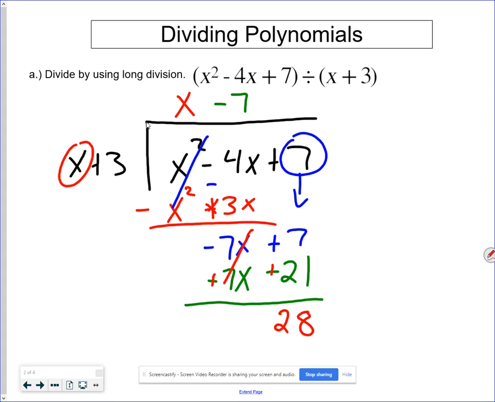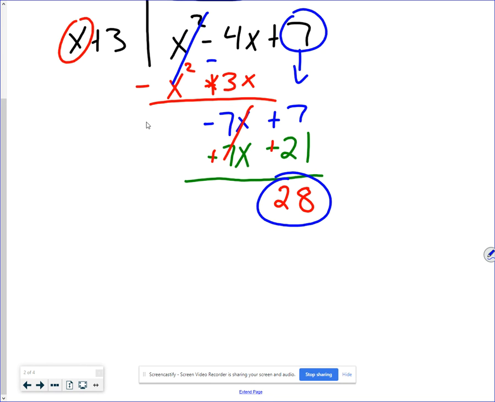Now, x can't go into 28 any more times because there's no x term, so this is going to be our remainder. Just like we did last time in our example, we can take this 28 and write it as a remainder. If we were to have a number, we'd take the remainder number and put it over the number that we were dividing by.